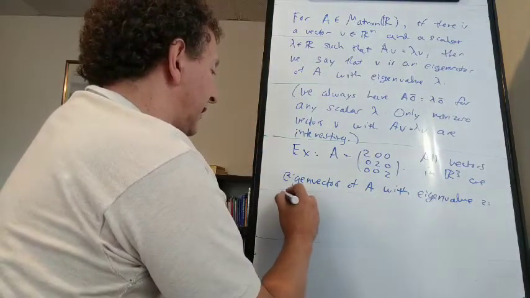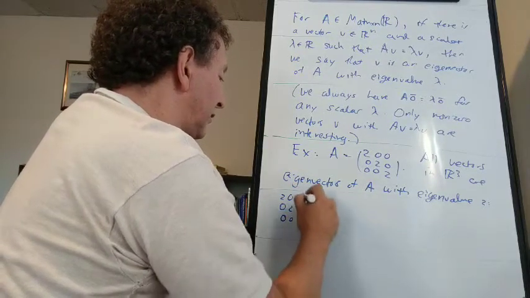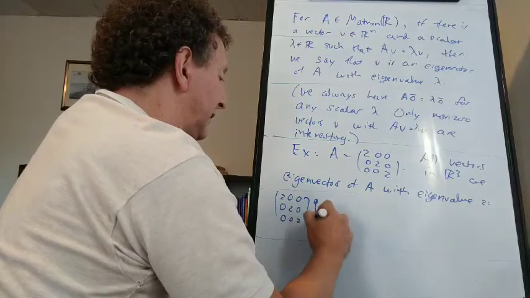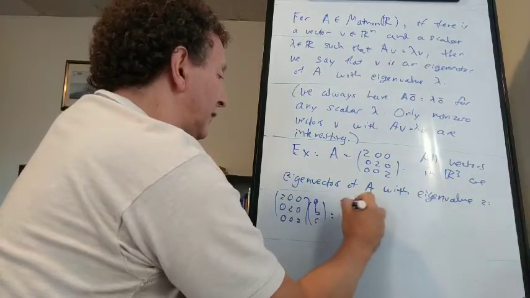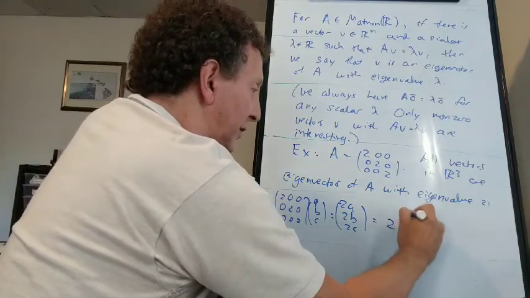That's because if we take 2, 0, 0, 0, 2, 0, 0, 0, 2 times A, B, C, we get 2A, 2B, 2C, which is 2 times A, B, C.